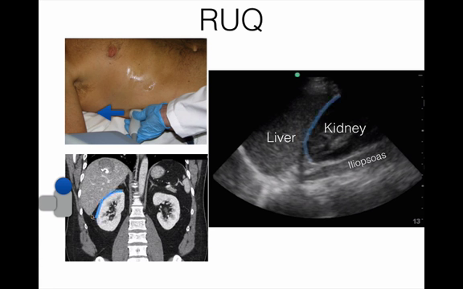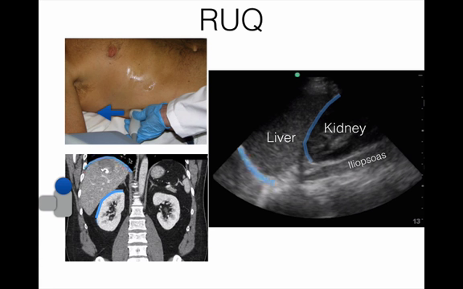So the key thing in terms of the right upper quadrant is that you're looking at that potential space between the liver and the kidney, Morrison's pouch or the hepatorenal space. And on ultrasound, it's seen as this separation of the liver and kidney just above the perinephric fat, which is bright white. The other thing that you see is the diaphragm.